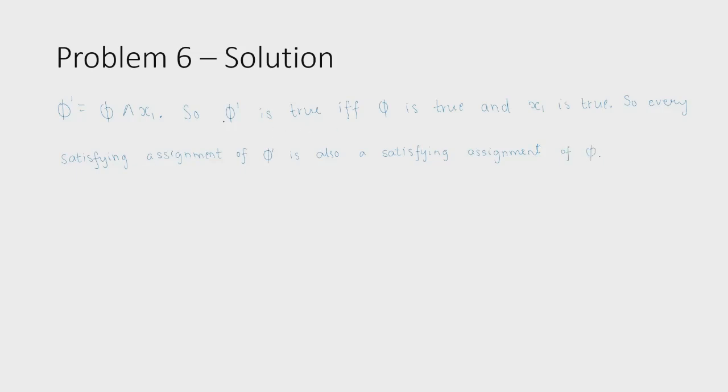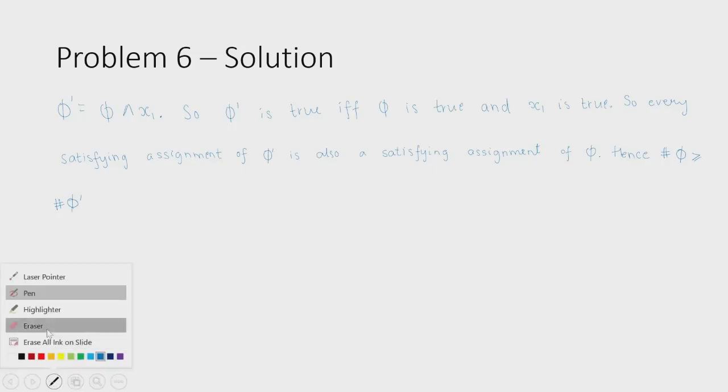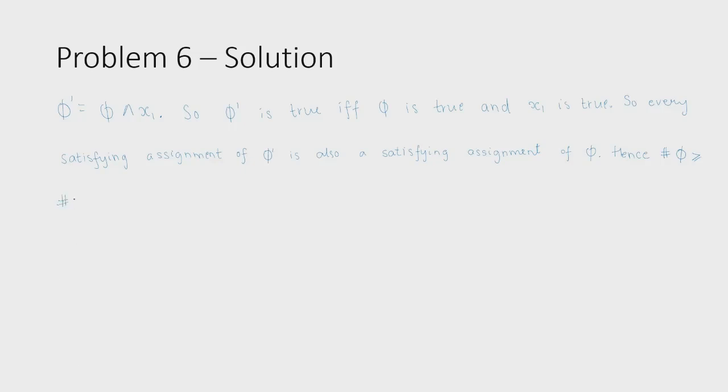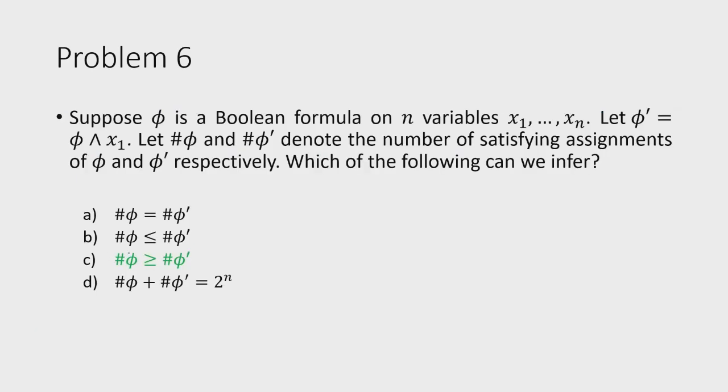Why? Because if a1 to an satisfies phi prime, then phi prime of a1 to an is true, and therefore phi of a1 to an has to be true. So this directly shows us that the number of satisfying assignments of phi is greater than or equal to the number of satisfying assignments of phi prime. So option C is correct.